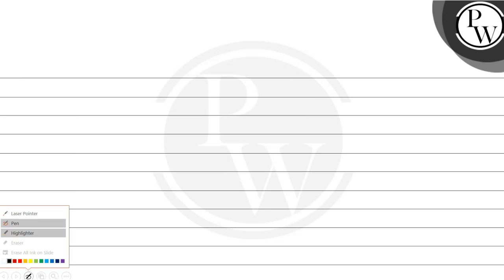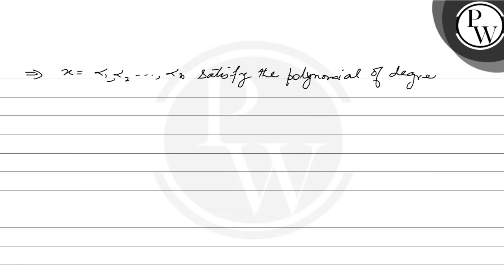So it means x equal to alpha 1, alpha 2, up to alpha n satisfy the polynomial of degree n minus 1.